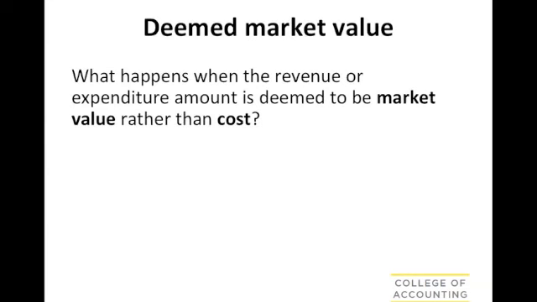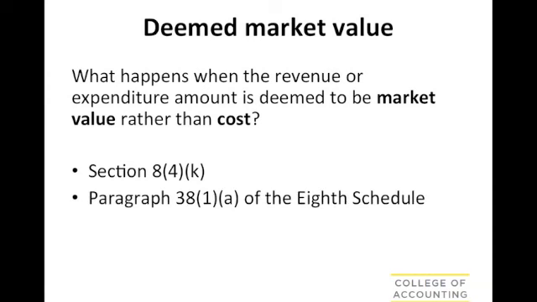What happens though when the transaction is deemed to be concluded at market value rather than at cost? Some examples of where that might happen: Section 84K, when an allowance asset is disposed of to a connected person, the seller is deemed to have sold it for market value.